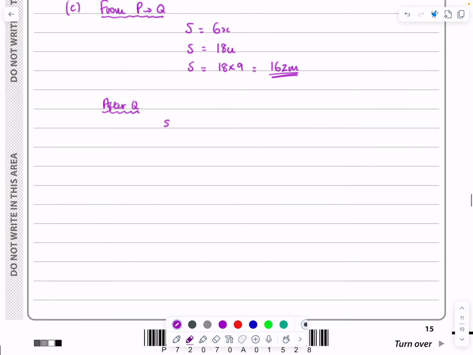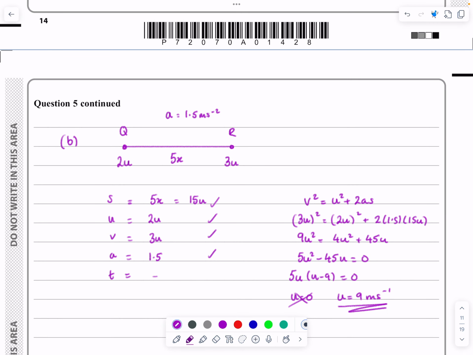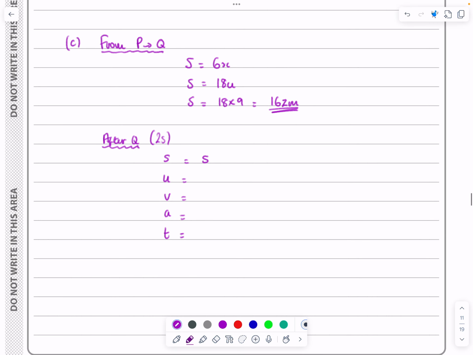So do a SUVAT again, here, after Q, put 2 seconds on there when we're looking at it. So s, that's what I'm looking for, don't know what that is. u is going to be equal to 2u, okay, if that makes sense to you. Our initial speed, the speed at Q is equal to 2u, so 2u is 18. v, I'm not interested in that at the moment.